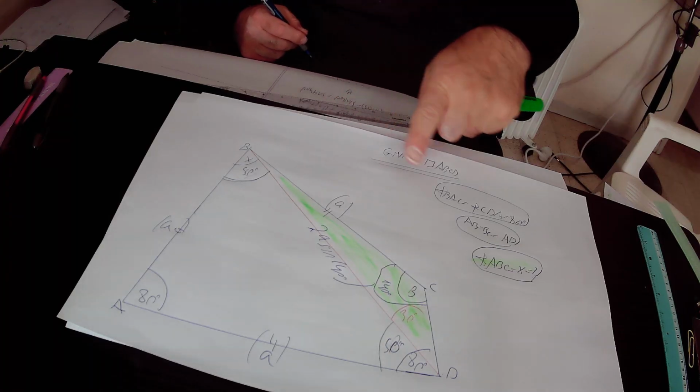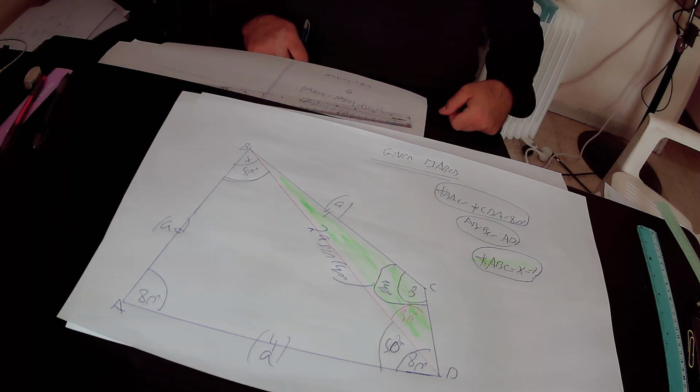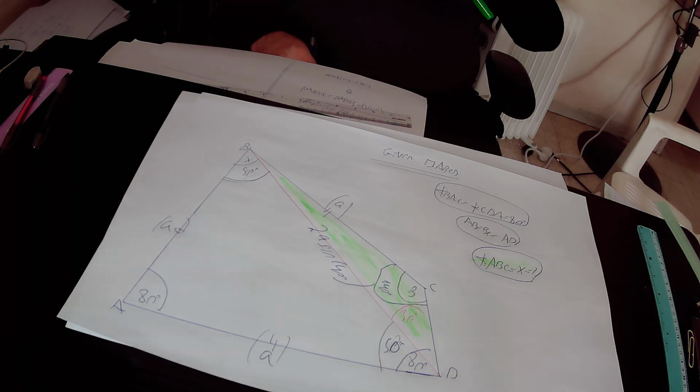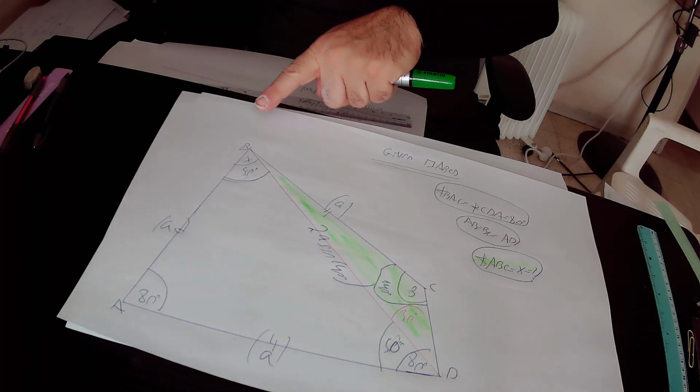In the green triangle BCD, the sum of the angles must be equal to 180 degrees according to the rule that says that the sum of the angles in any triangle is equal to 180 degrees. So which angles do we have in the green triangle BCD?